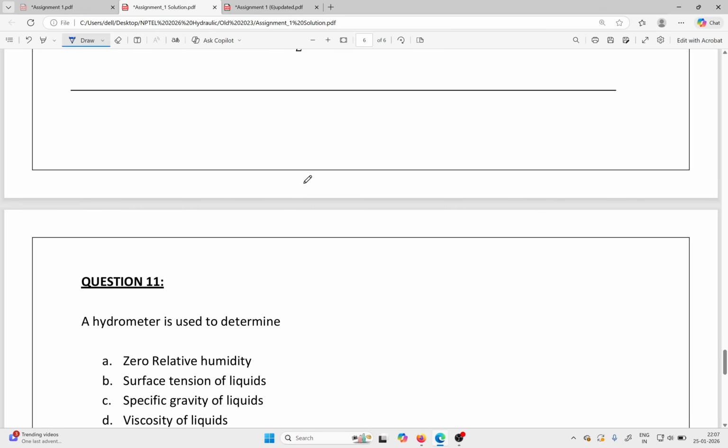A hydrometer is used to determine zero relative humidity, surface tension of liquid, specific gravity of the liquid, or the viscosity of the liquid.